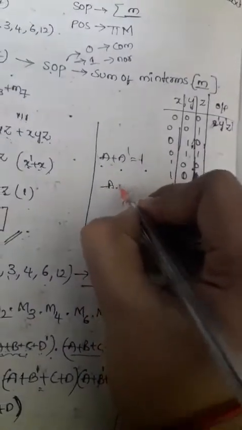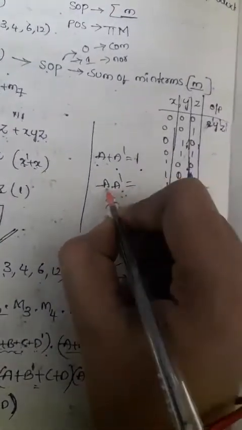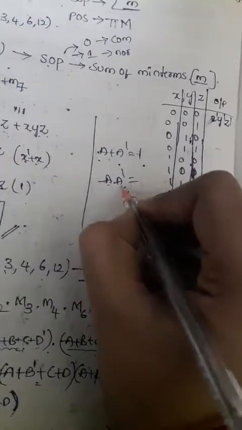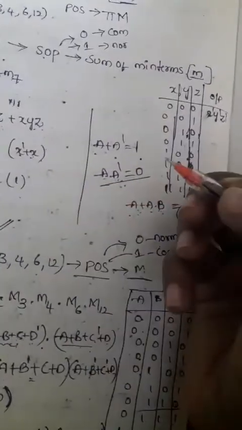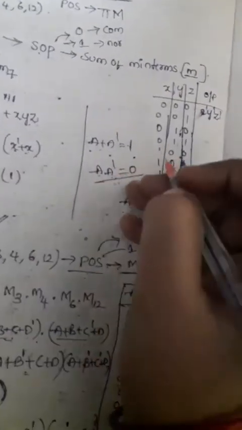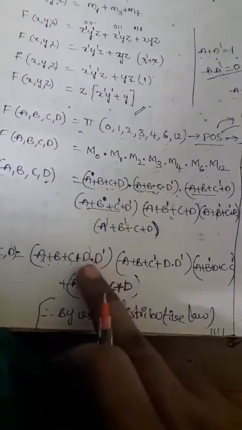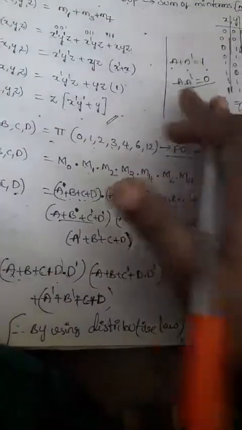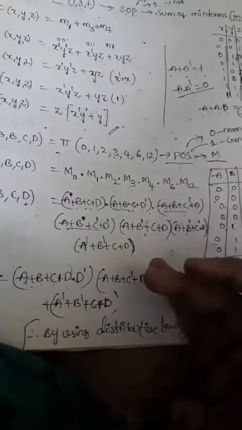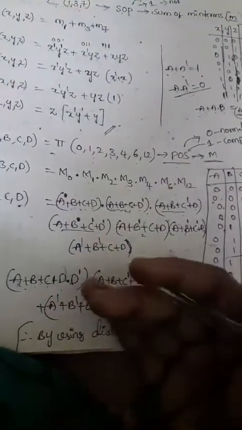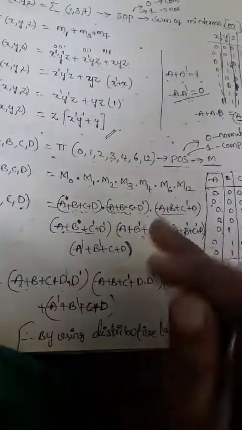We have the rule in Boolean algebra that a into a complement is equal to 0. Here d into d complement, the same variable multiplied with its complement, so that value will be equal to 0. If any variable and its complement are in the form of a product, you write the value as 0.